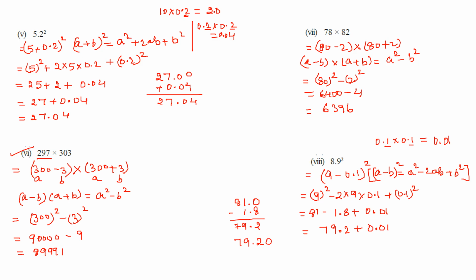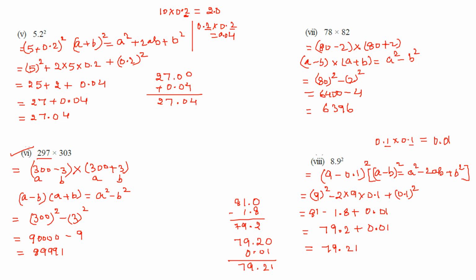Actually, I'm converting in like decimal. And you remember what is like decimal? Like decimal means two decimals having same decimal place, right? So 0.01 has two decimal places, 79.2 has one decimal place. So I have put 0 at the rightmost end to make it a like decimal. And if I add, I will get 79.21. So 8.9 square is 79.21.